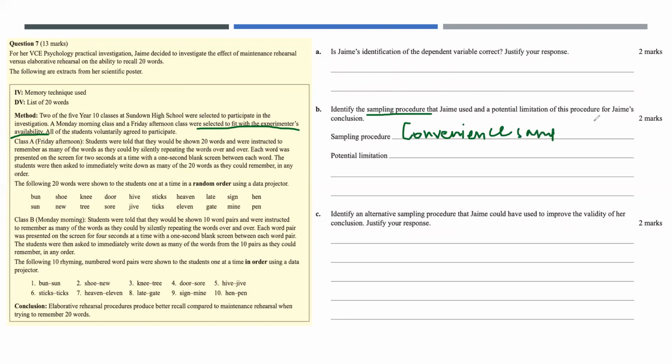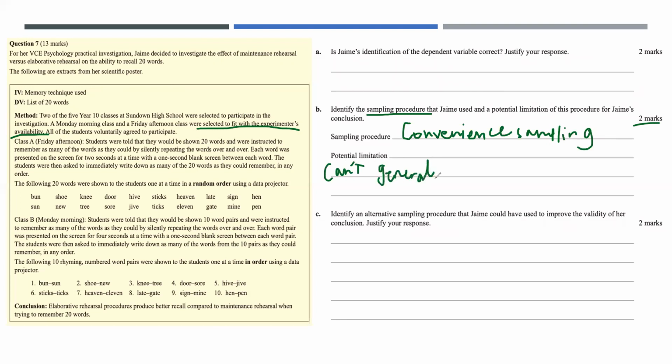The other 1 mark, because this question is out of 2, comes from you discussing a limitation of convenient sampling. Can anyone remember from the top of their head one limitation, weakness or disadvantage associated with convenient sampling? We can't generalize the results back to the wider population. That's the key word there: we can't generalize results.